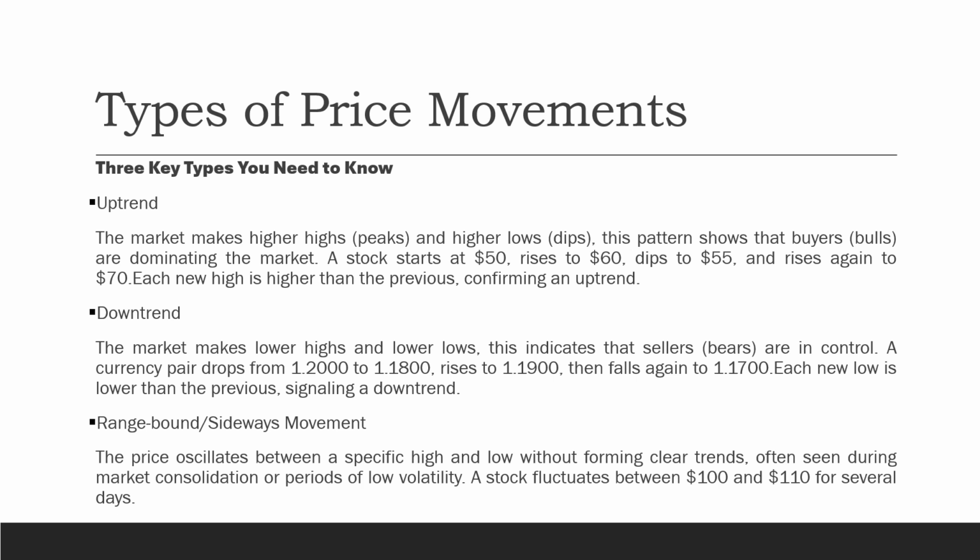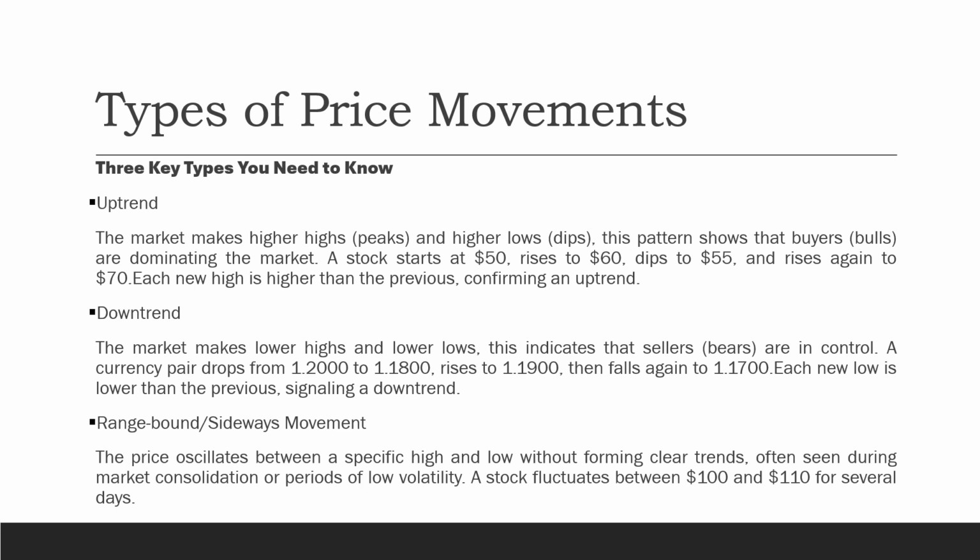For example, a stock starts at $50, rises to $60, then dips to $55 and rises again to $70. Each high is higher than the previous high, confirming that there is an uptrend. I hope that was clear.